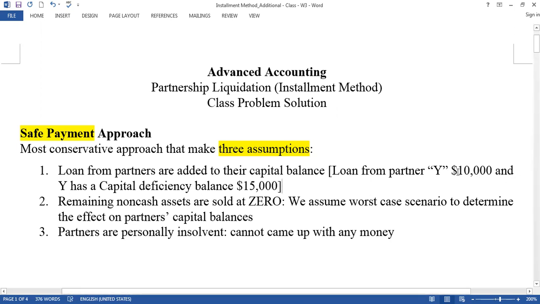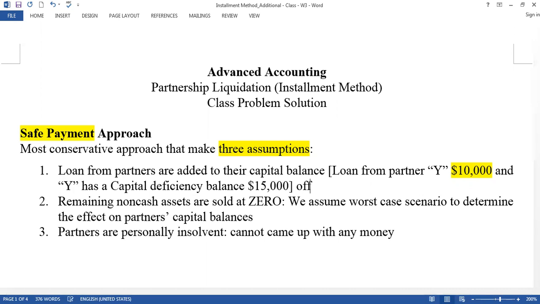So we have a loan from Y, which is our liability, but partner Y has a capital deficiency balance. If you have this kind of situation, then we are going to offset the loan and the capital deficiency.